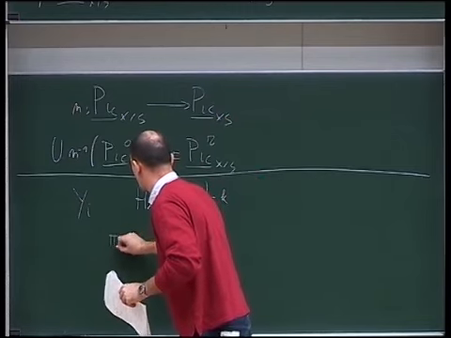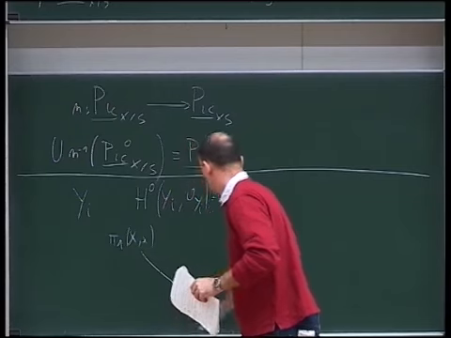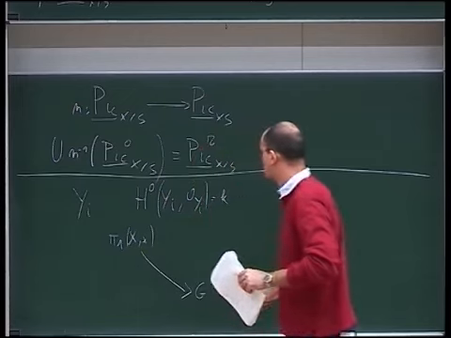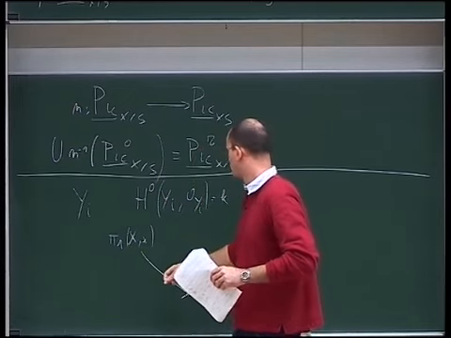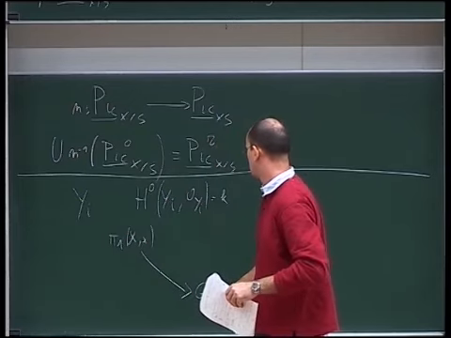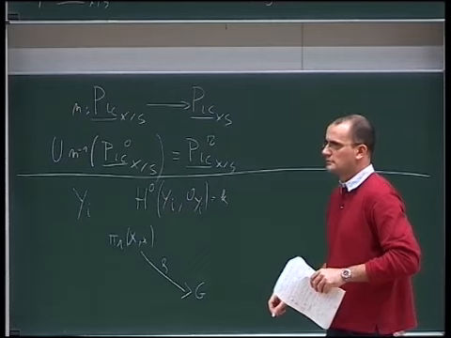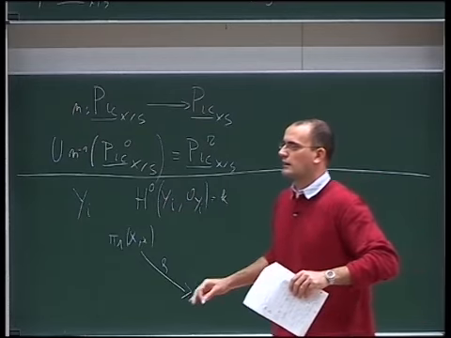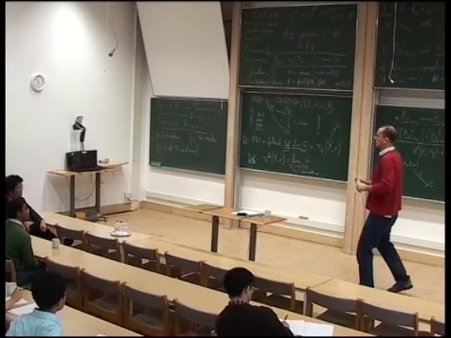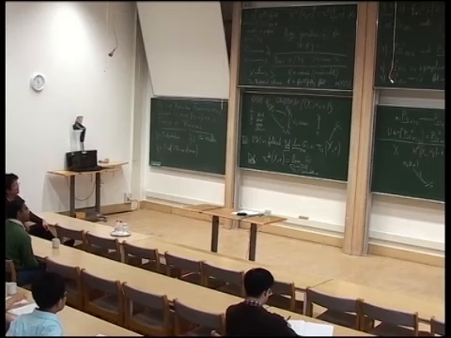Because to a torsor, you can associate canonically... Oh, by dominated, you don't mean that there's a dominant map. You mean just that there's a torsor mapping to it. Yes. Okay. In this category, there's a strongly connected torsor that maps to your torsor.